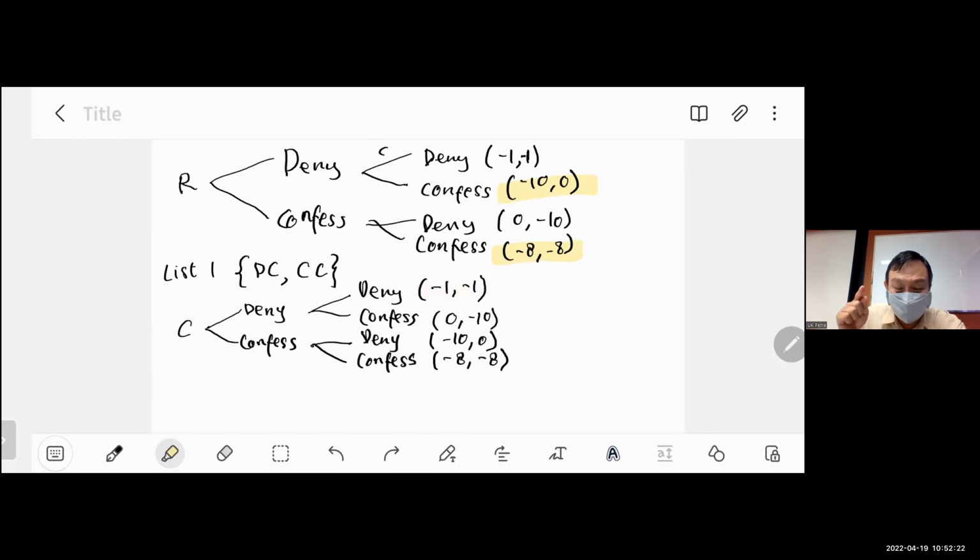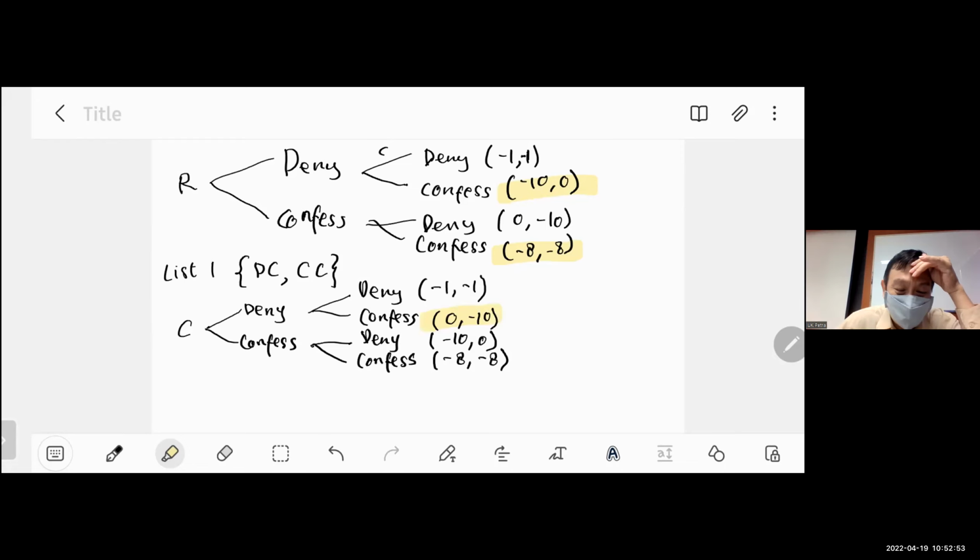So then you need to see the first number. What will row do between -1 and 0? Row will choose -1. Between -1 and 0, oh, 1 and 0, right? In that case, confess, correct, right?